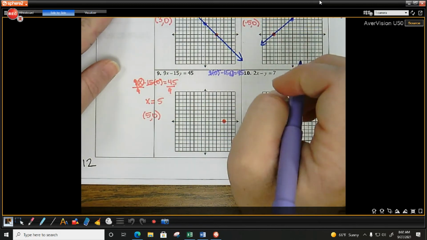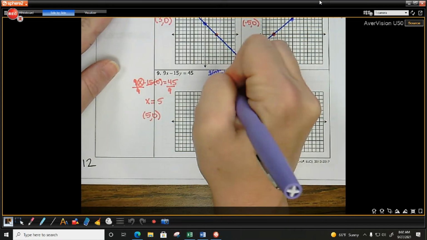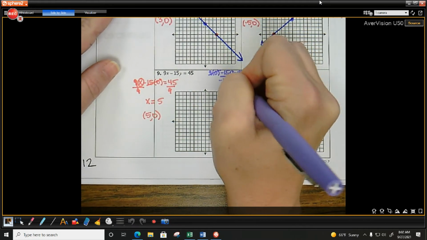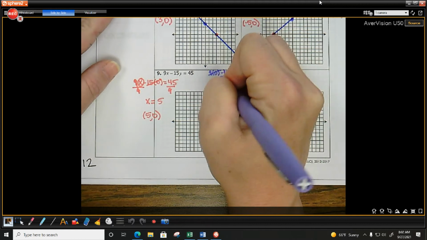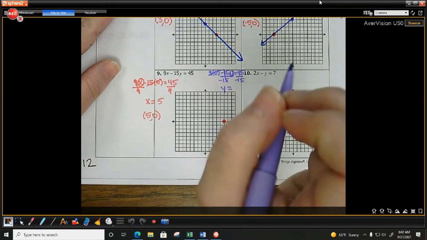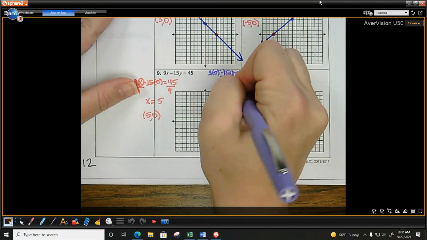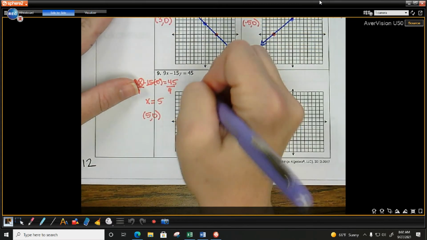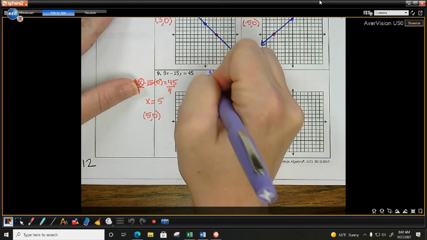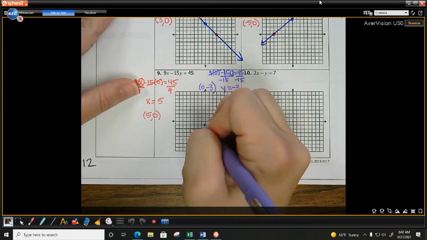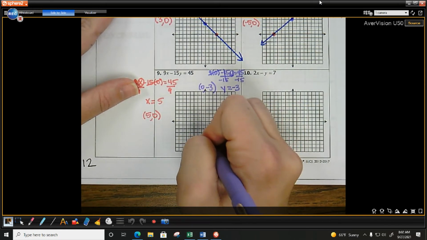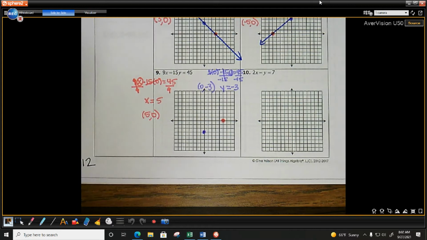Divide by negative 15. Be careful of your signs. The 15 has a minus in front of it. So I get y equals what? Negative 3. How do you write that as an ordered pair? Go on your y-axis and go down to negative 3. And draw your line.